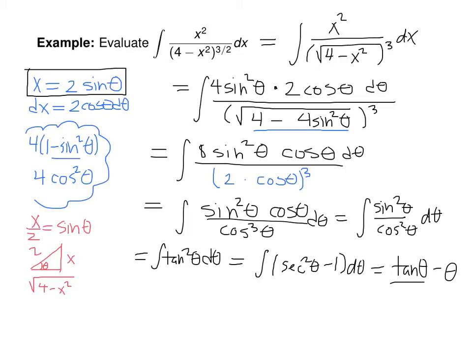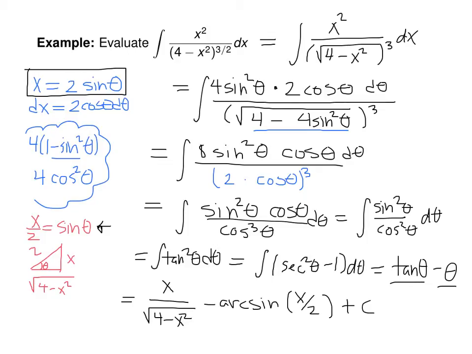So tan theta, tangent is the opposite over adjacent, so that will be x over the root of 4 minus x squared, minus theta. Now theta, to find that, you'd have to apply arc sine to this, so theta will be arc sine of x over 2, so minus arc sine, or inverse sine, that is, x over 2 plus c.